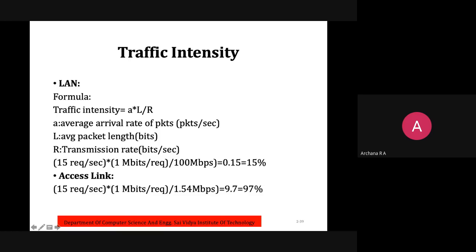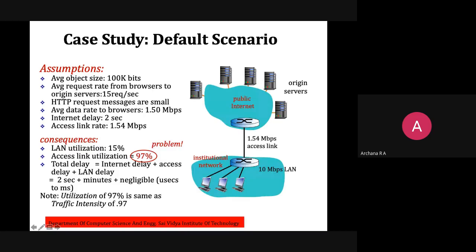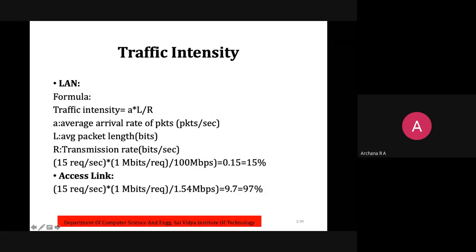Each request is about 1 megabit, so the length is only 1 megabit. Then it is divided by 1.54 megabits per second, because this is the access link transmission rate.